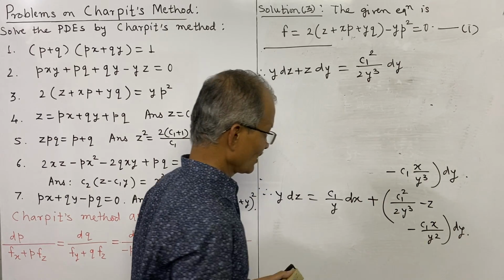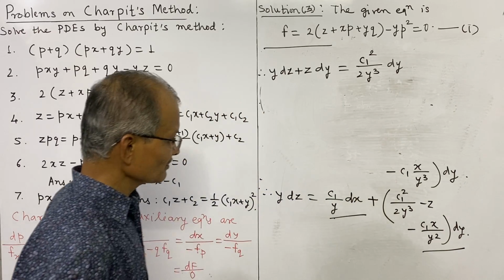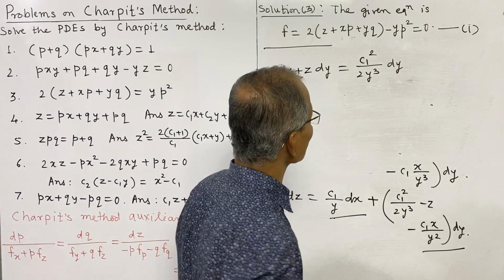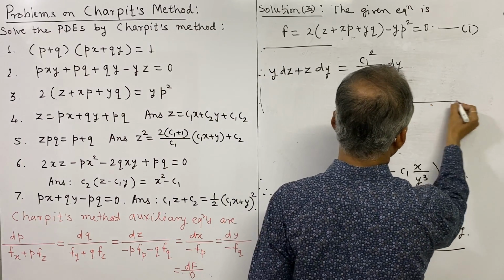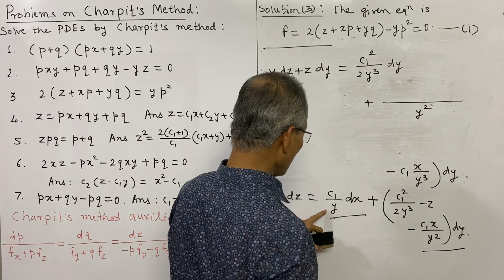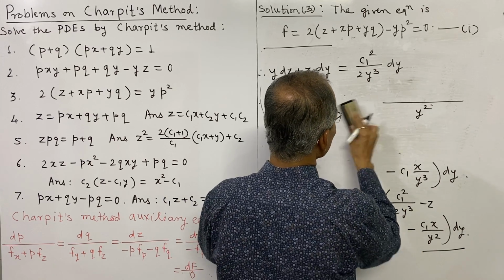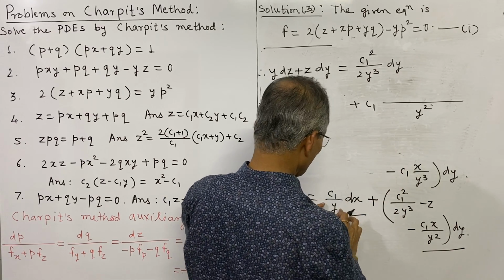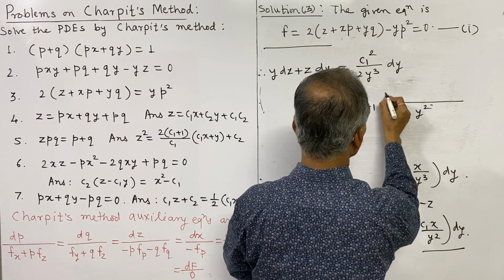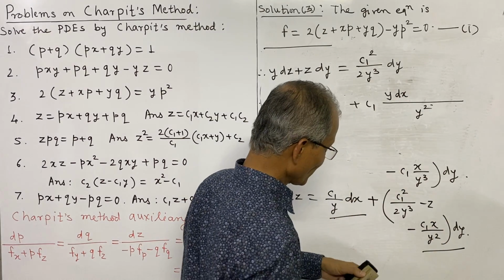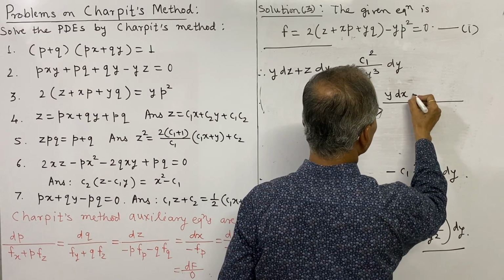That term we have written separately, and what remains is these two terms. For these two terms we write the denominator as y square, plus c1 common, so the numerator is y into dx, and c1 taken common, minus x into dy.